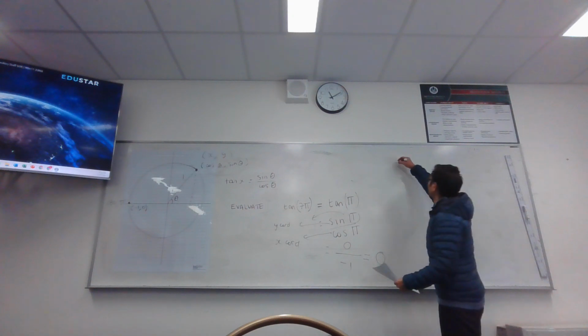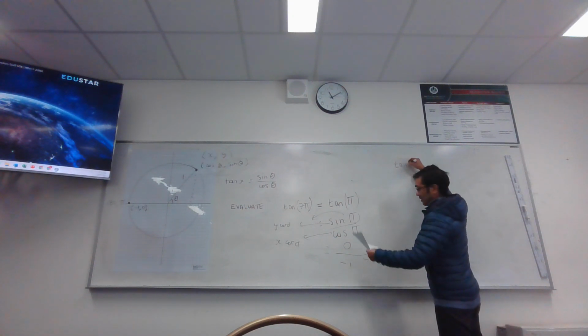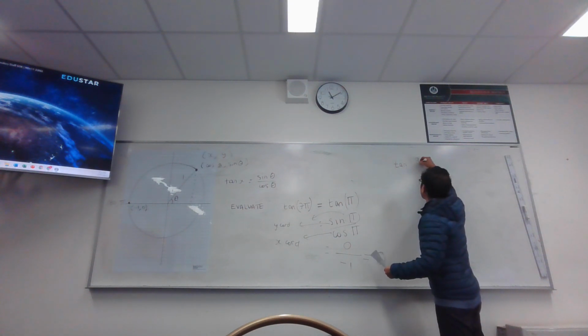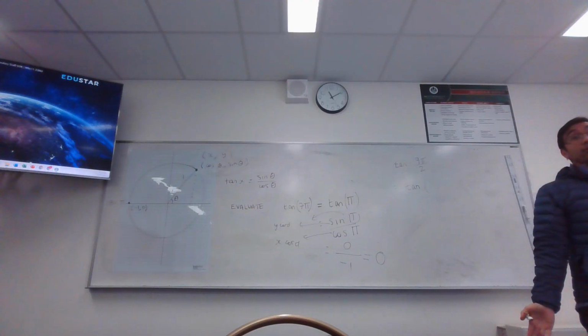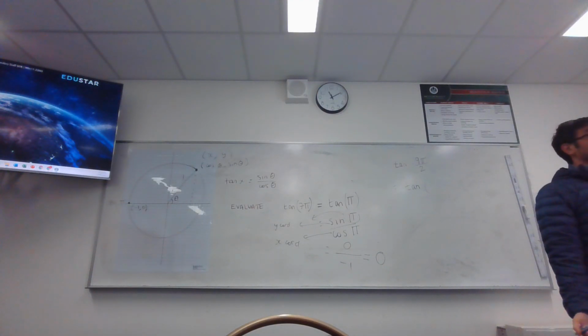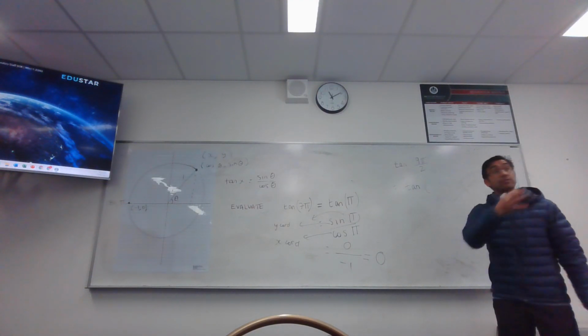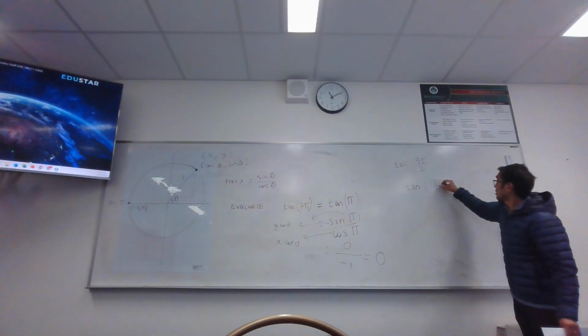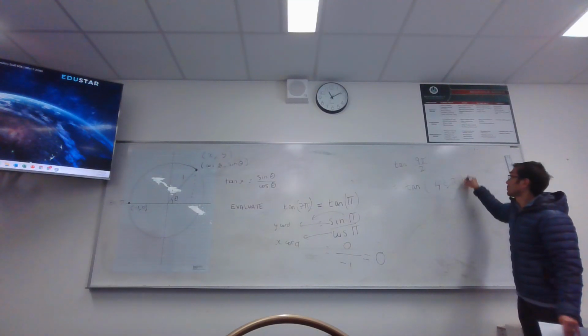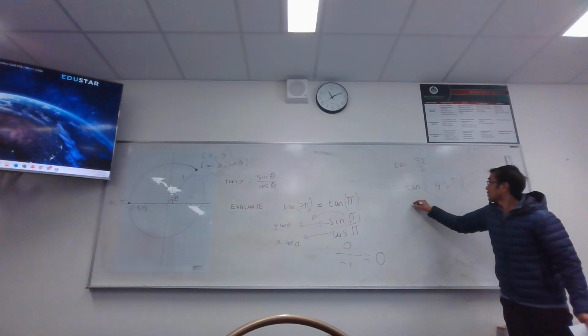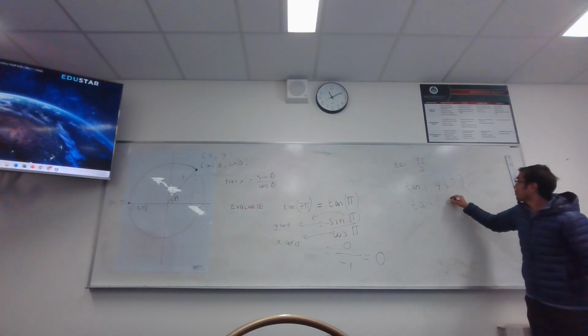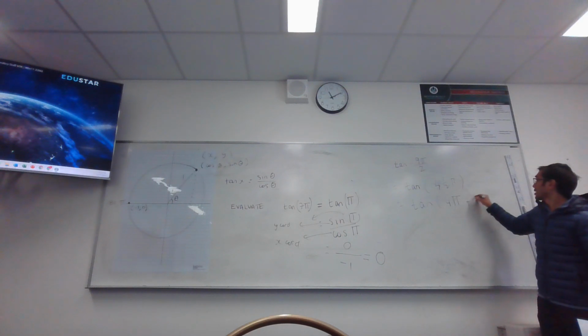All right, let's do this one. If I ask you to evaluate 9 pi on 2, how can we rewrite 9 pi on 2? We divide it. So we actually get 4.5 pi, since 9 divided by 2 is 4.5, which is equal to 4 pi plus pi on 2.